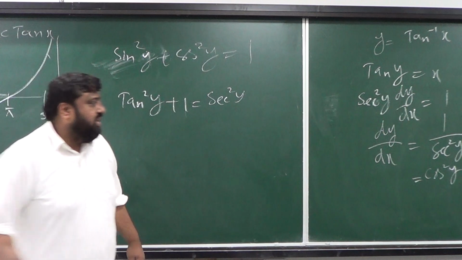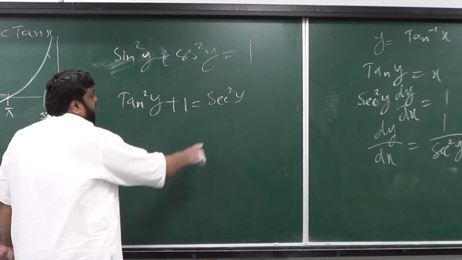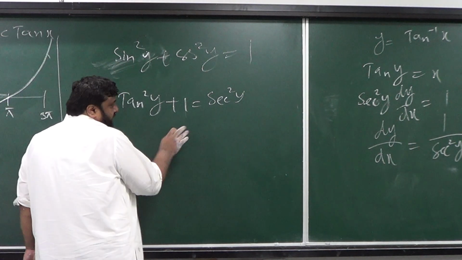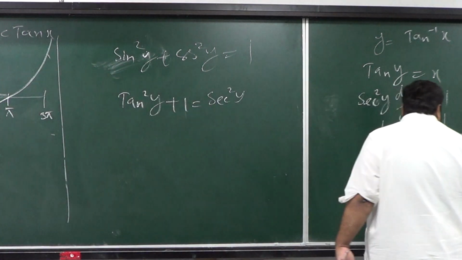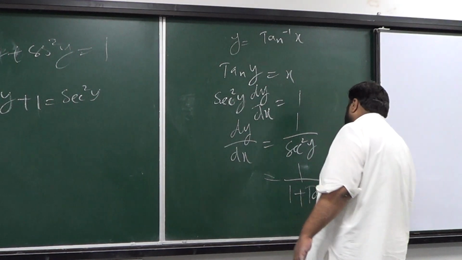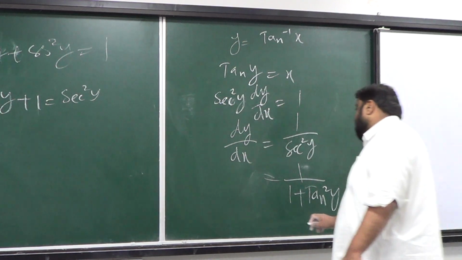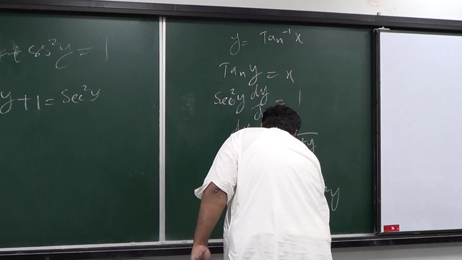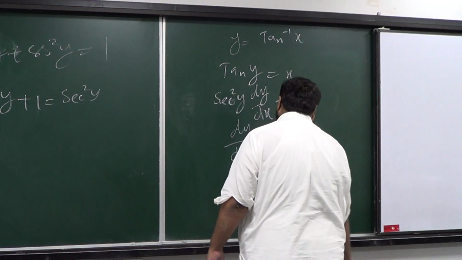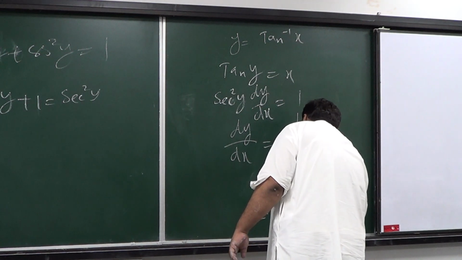So I don't need to get into the cosine square y. And if this is the case, then secant square y can be directly written in terms of this. So it's going to be 1 over 1 plus tangent square y, and tangent y is x, so the derivative is going to be 1 over 1 plus x squared.